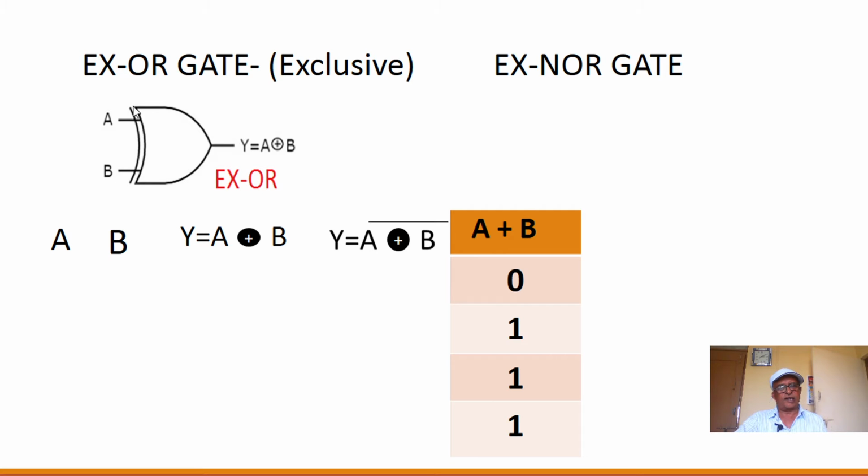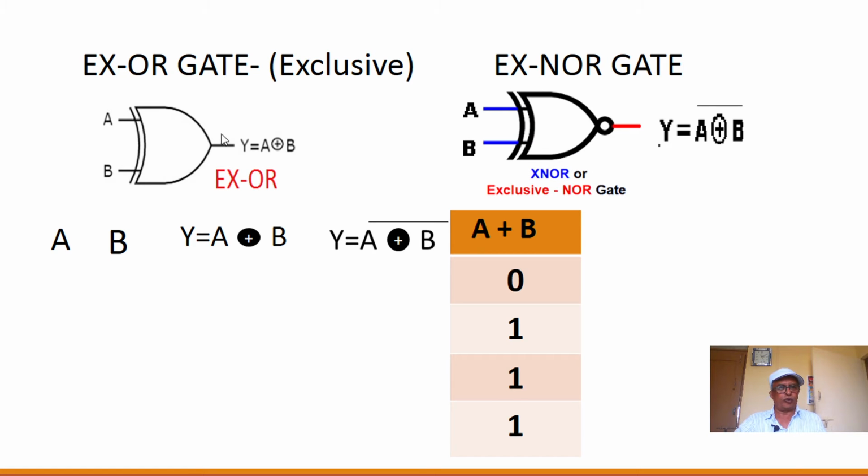This additional line drawn on the input side means this is the XOR gate. So X means exclusive. Some terms of the OR gate are excluded in this case, so it is called the XOR gate. Similarly, if we put an inverter on the output side, then we can show that inverter by the bubble.